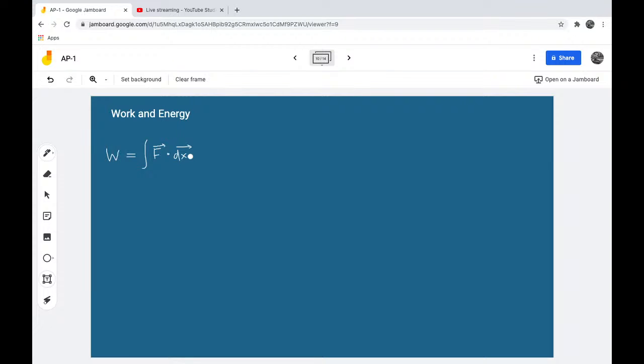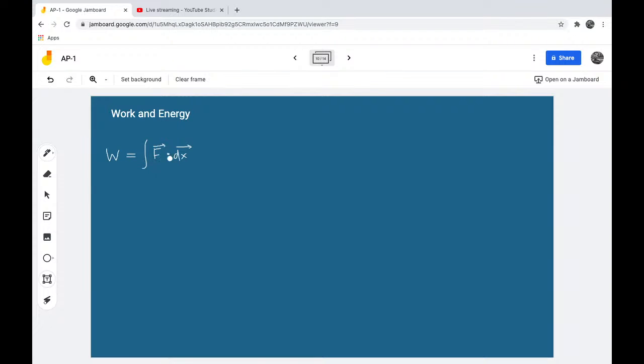Also remember that the dot product takes care of the component of the displacement in the direction of force. Simple thumb rules: if the force and displacement are in the same direction, then the work is positive. Force and displacement being in opposite direction, work is negative.